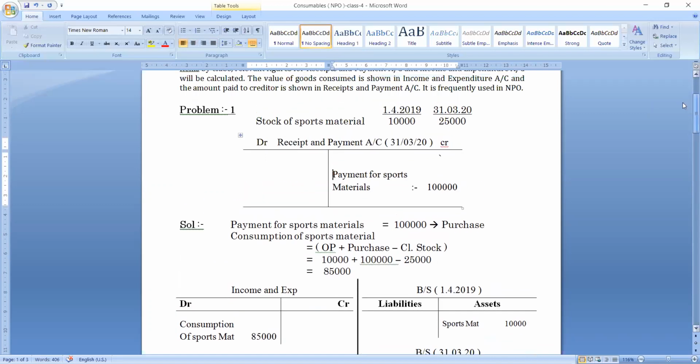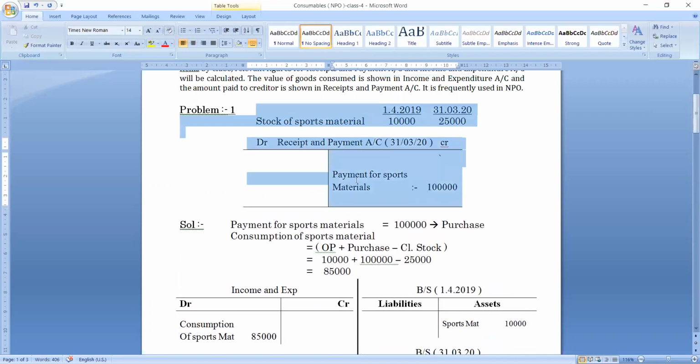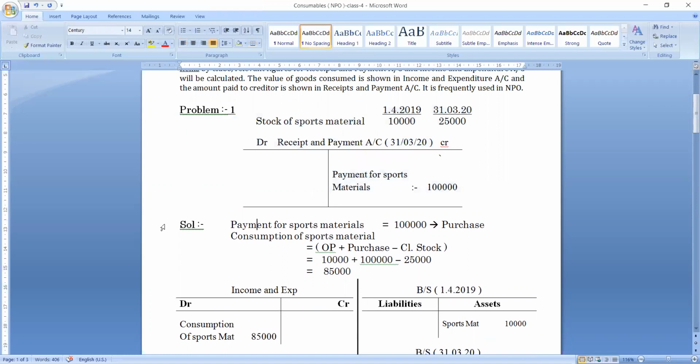Now the question is already given here. The important thing is how you solve it. The solution: payment for sports material is 1 lakh rupees.